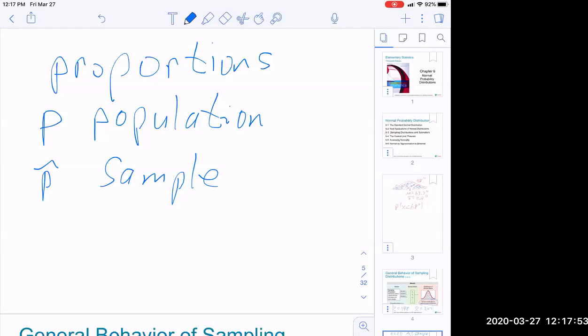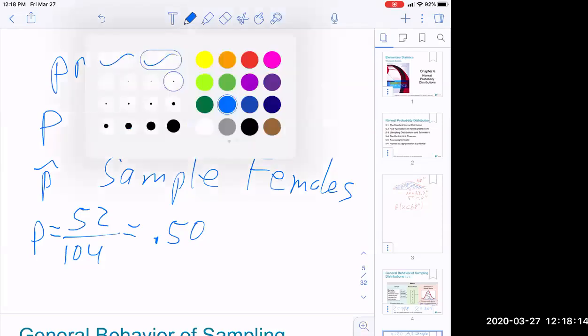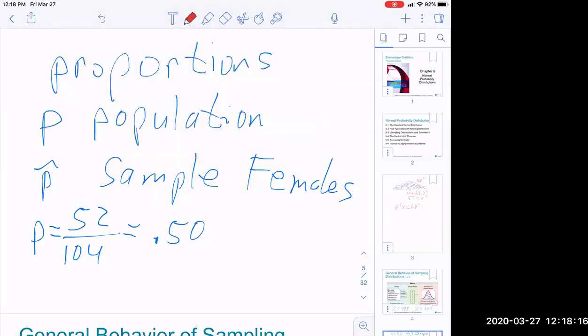So if I looked at my population of 104 bears, I knew there's 52 females, so I'm looking at females out of the 104. So the proportion of females is 0.5. I'm using p here because this is the population. This is the proportion in the population.